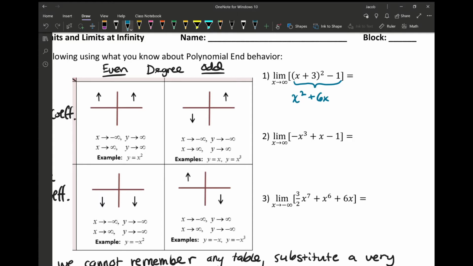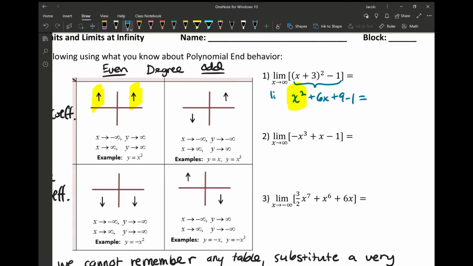I can multiply the rest of it out just for funsies, but I really only care about x squared because that's going to determine the end behavior of this entire polynomial. And in turn, the end behavior is going to directly relate to the limit itself.